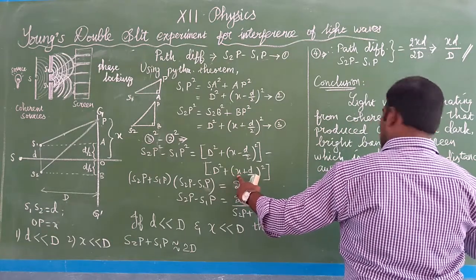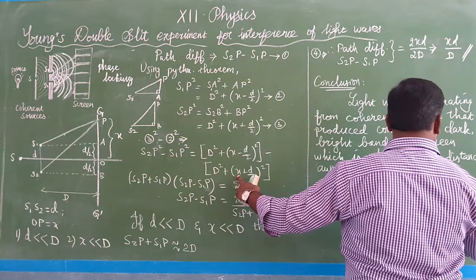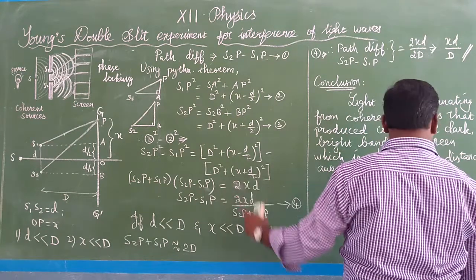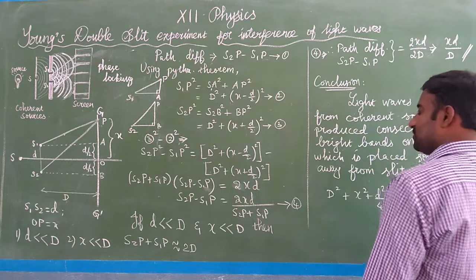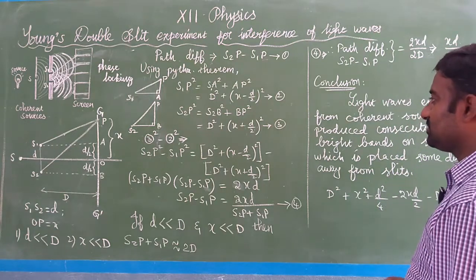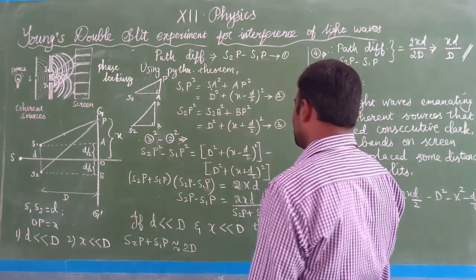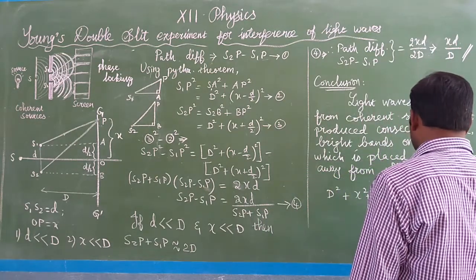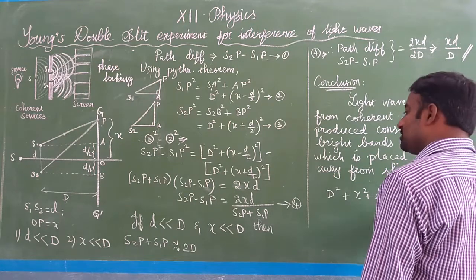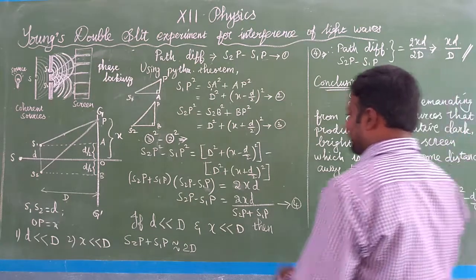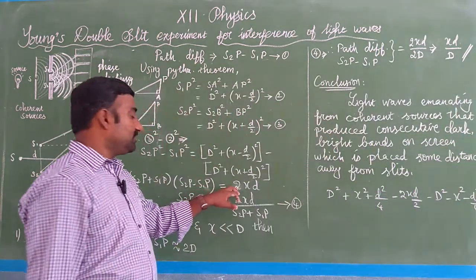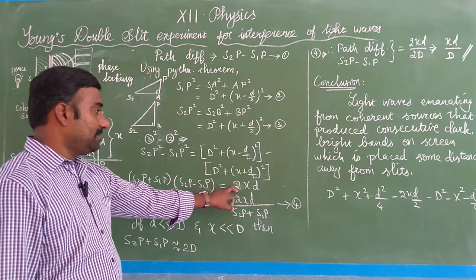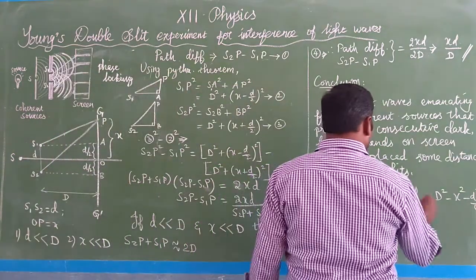So minus x square minus d square by 4, and then what do you get? S2P. Yes. So after simplifications, the plus value and minus value get cancelled away. Then we will get xd. Okay. Then you will get 2xd because this also cancels out.